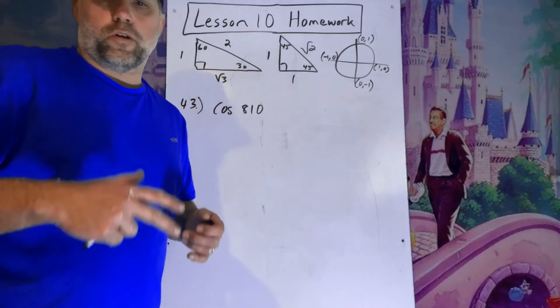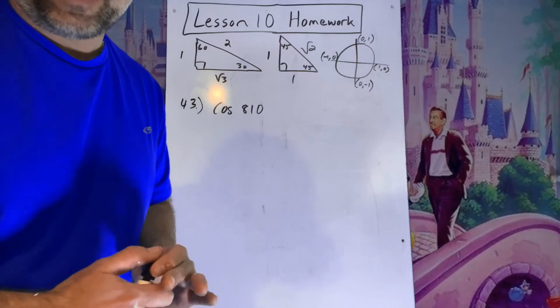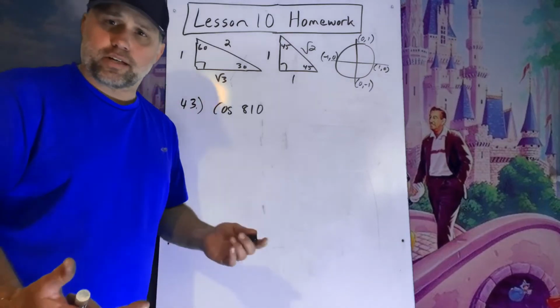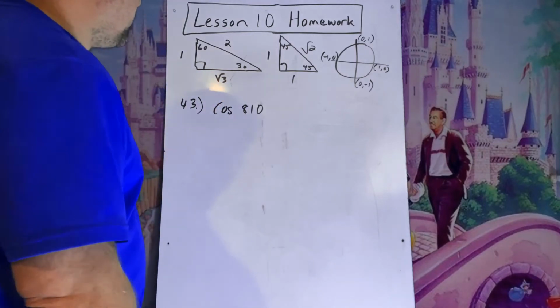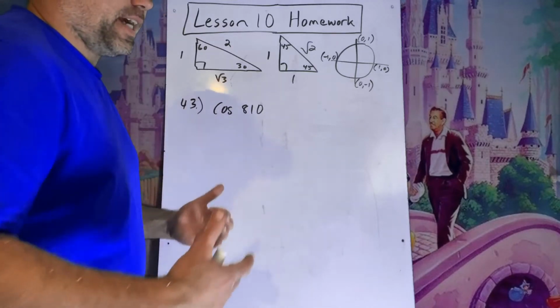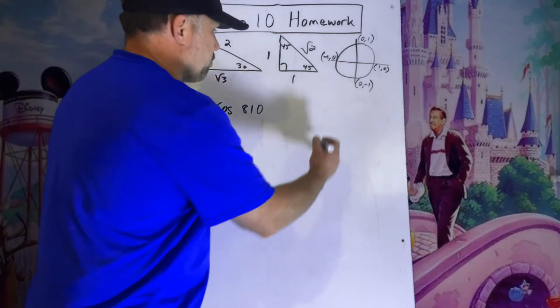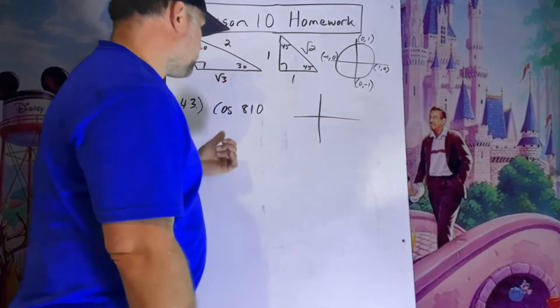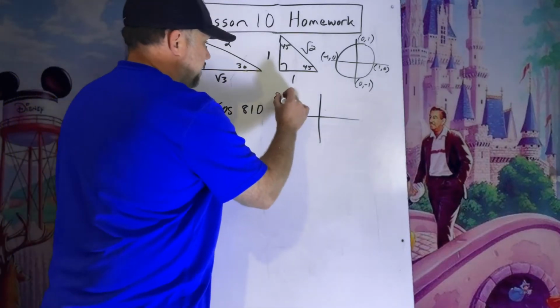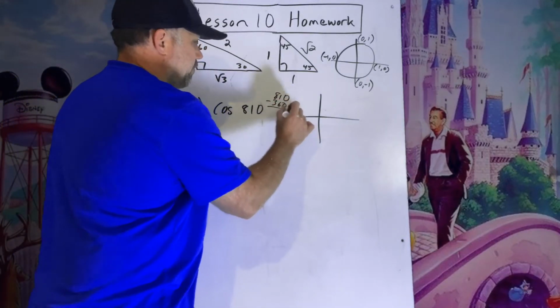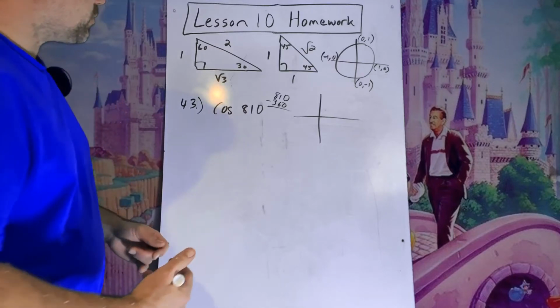All right, number 43 was the cosine of 810. I did this one because it requires coterminal angles. 810 is a really big angle, so we're going to knock it down to something smaller by using coterminal angles. So let's first take 810, take 360 away from it, see if we can get it to a smaller coterminal angle.